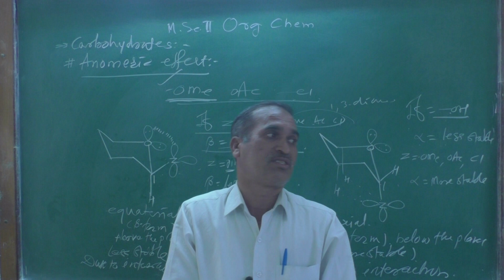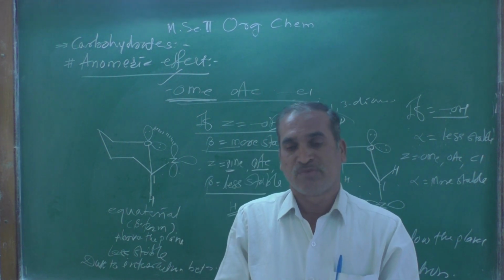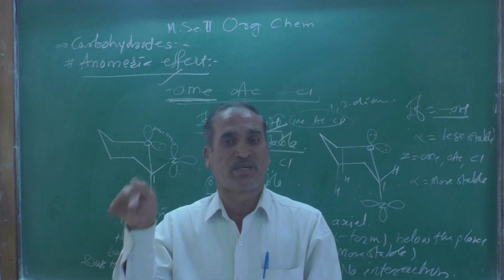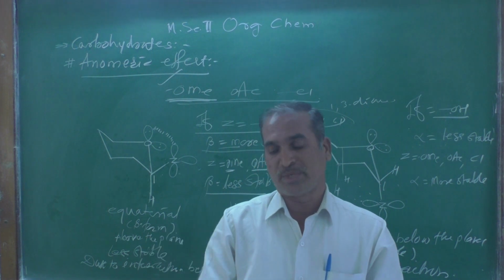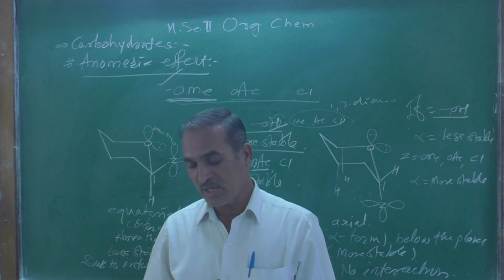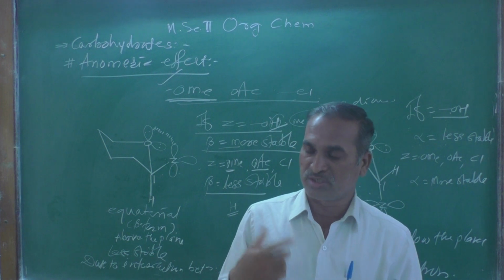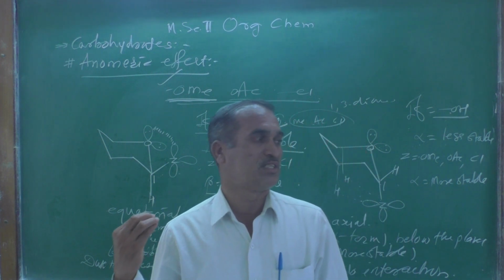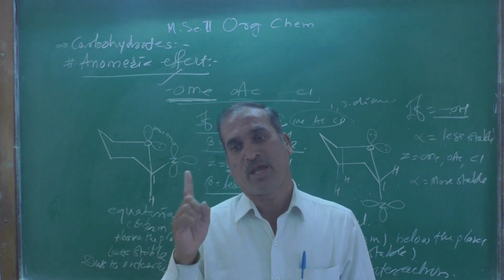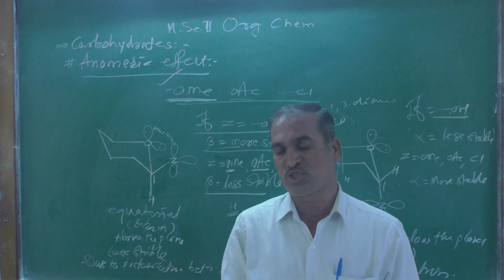Therefore, in this case, the alpha form will be dominant, means major, over the beta form due to the presence of this group, because when they are present at the equatorial position, this type of group, methoxy, acetyloxy or chlorine, is a bigger group, and the non-bonding n to sigma star type of interaction occurs over there.